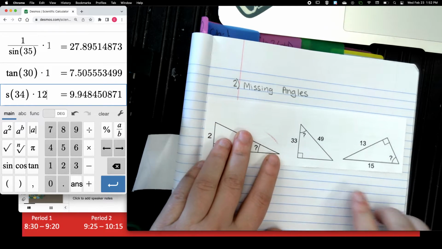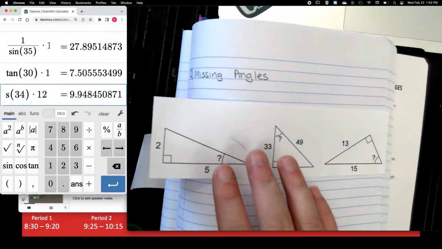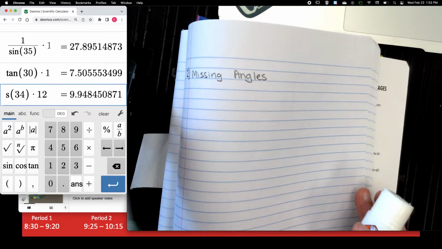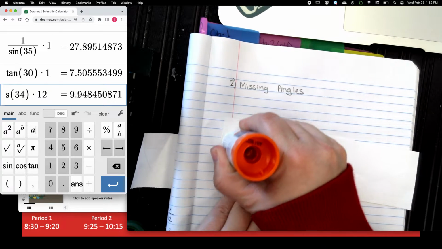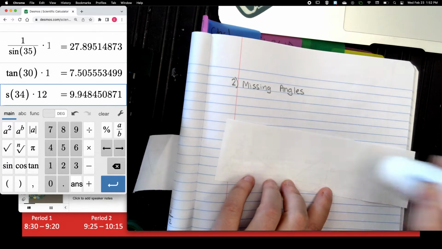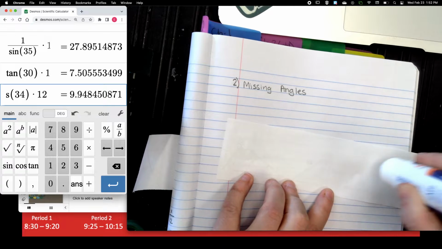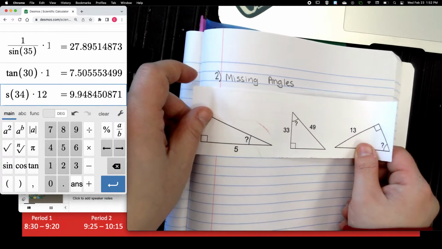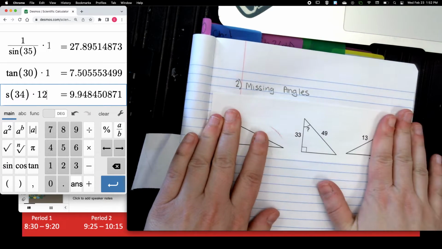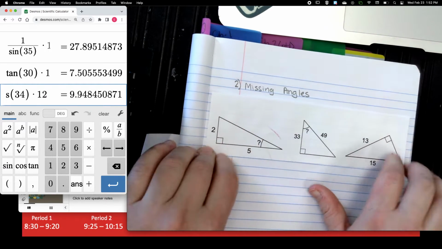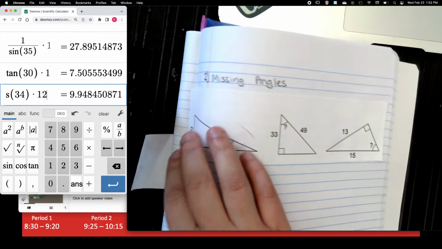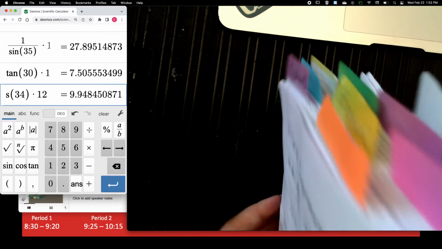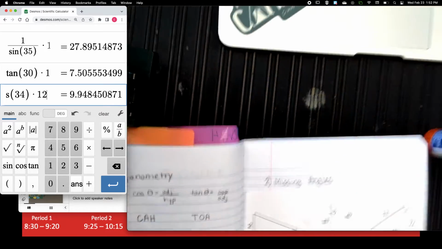I'm going to go on to my next page and label that missing angles and then glue that in. So we're going to set this up the same way. If you want to draw those little lines between, you can do that.